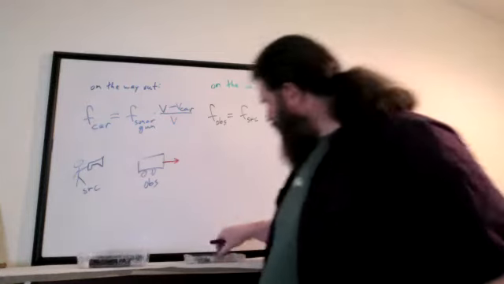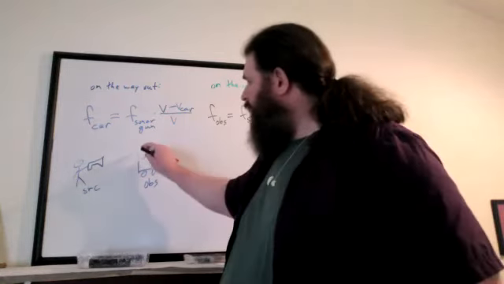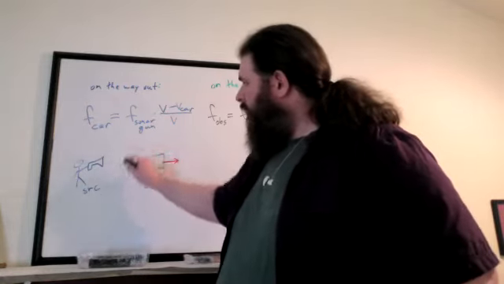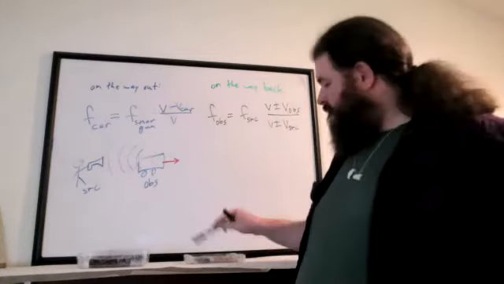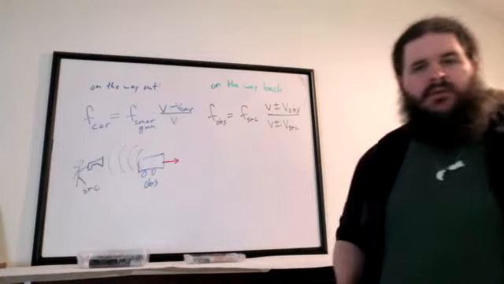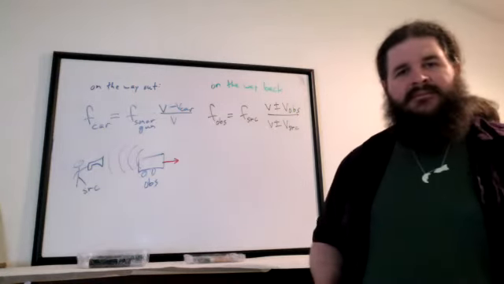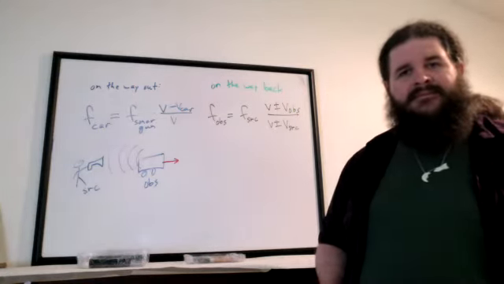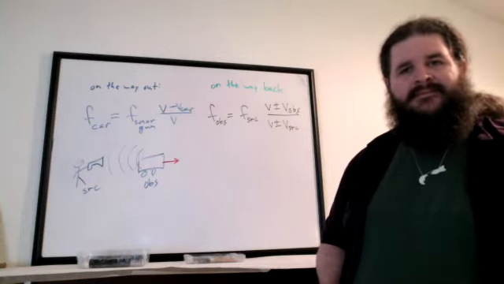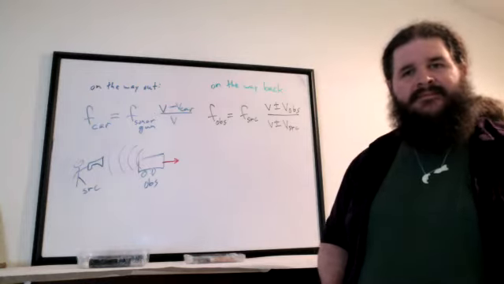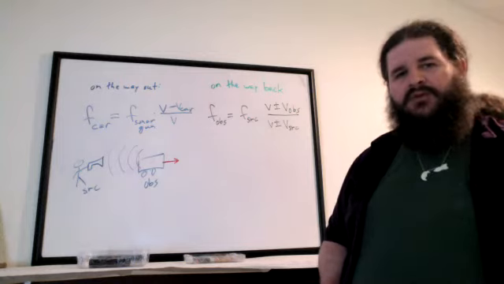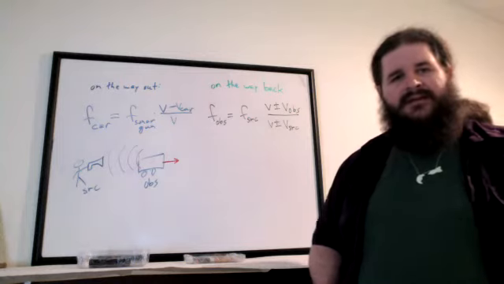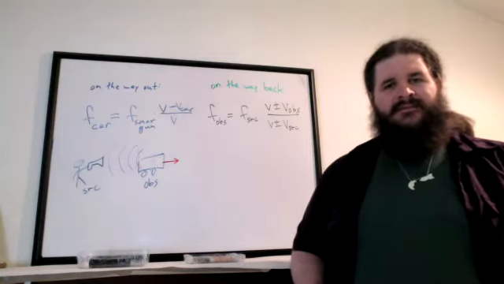If we now have the wave, the echo, bouncing back from the car towards the detector part of the radar gun, where is this sound coming from? On the way back, we're treating the sound as coming from the car.